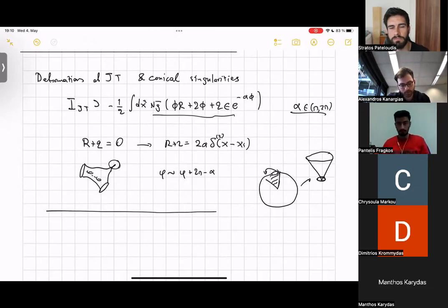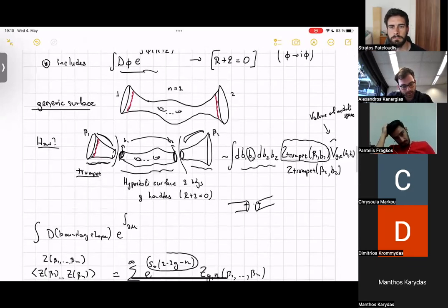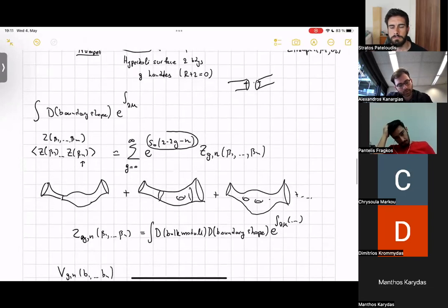The genus comes in as an expansion in genus. When you do the functional integral of JT on a certain number of asymptotic boundaries, so if you have two boundaries, then you sum over the genera, and this is a sum over topologies in a sense.